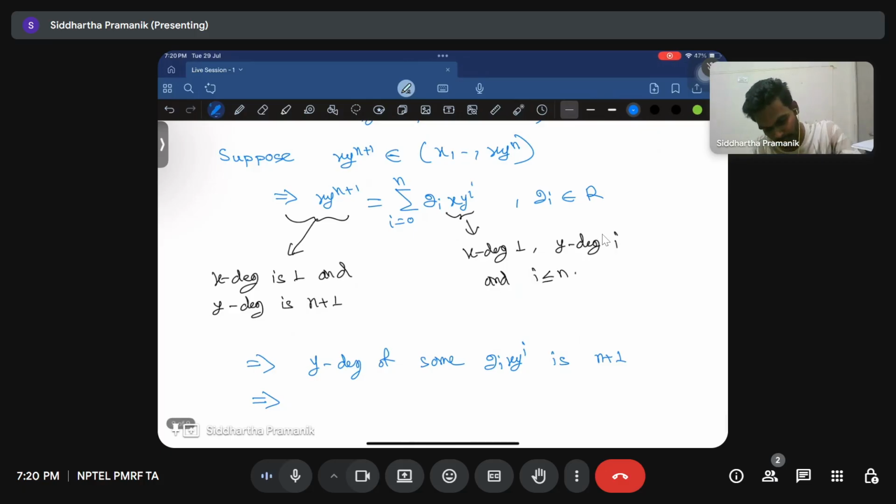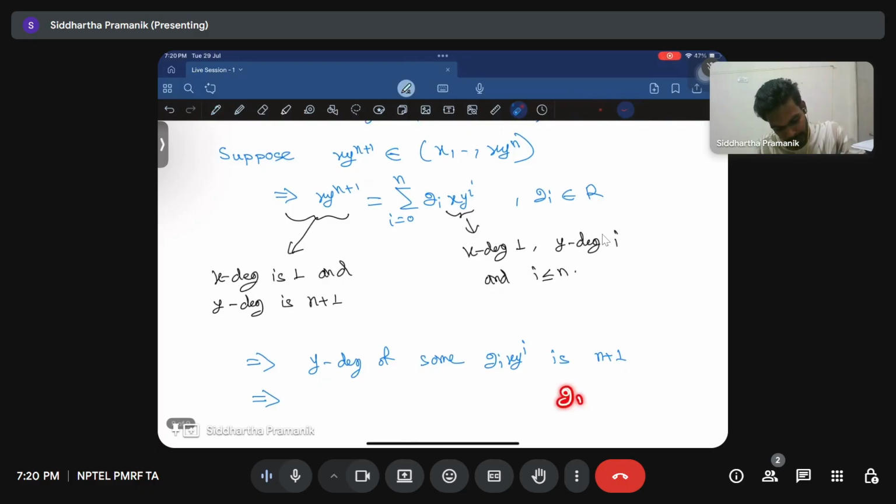So what is g_i? g_i is actually a polynomial in R. That means g_i is a polynomial in x, xy, xy squared, up to xy to some power m. So it must contain some element which involves y.